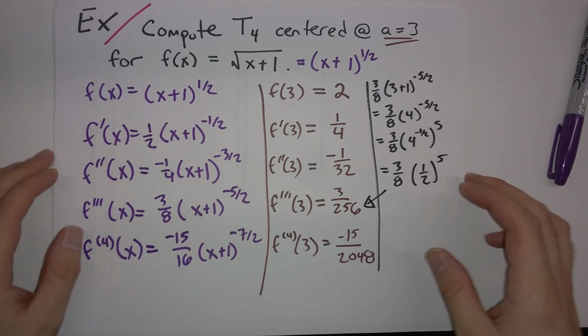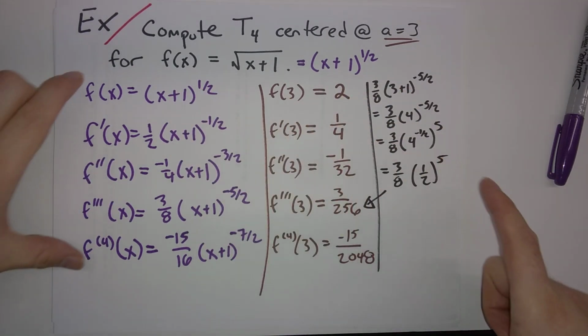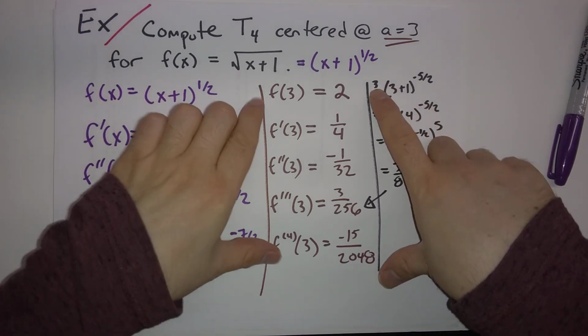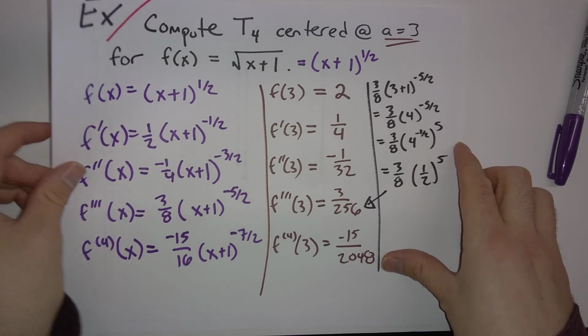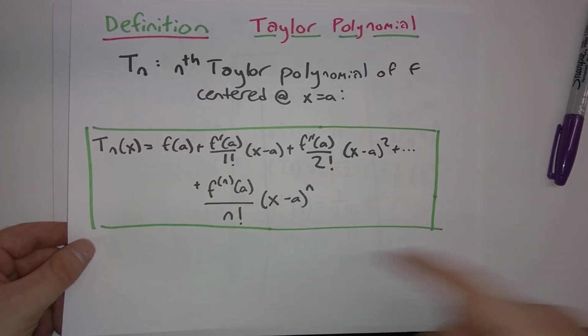Okay, so right now we've got all of these derivatives, here in purple, and we evaluate them at a equals 3 right here. So now let's go ahead and plop everything into our formula.